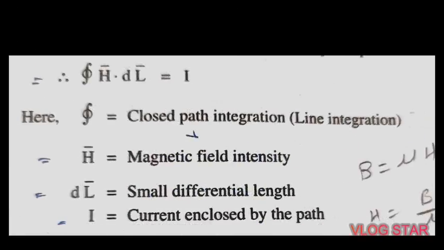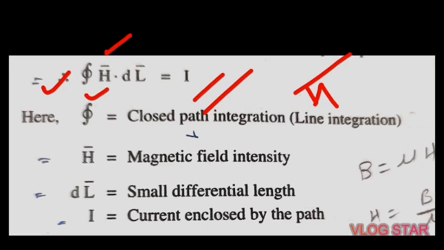It states that the line integral of magnetic field intensity, which is denoted by H bar, about any closed path, means the path should be closed, is exactly equal to the direct current enclosed by that path.